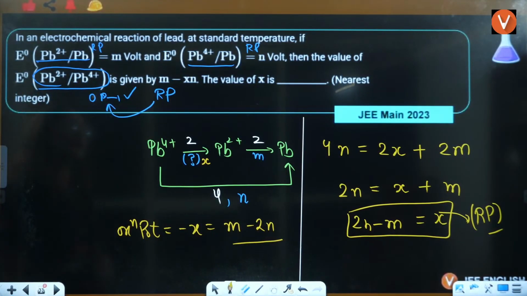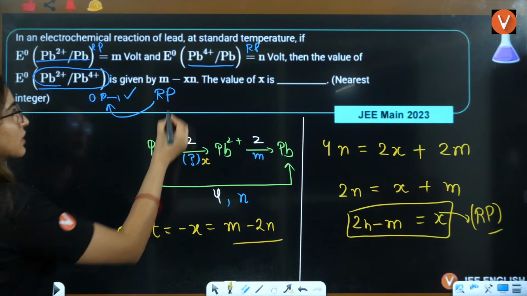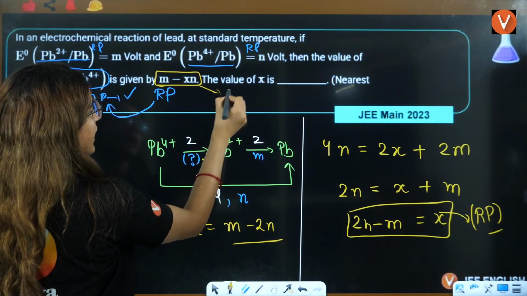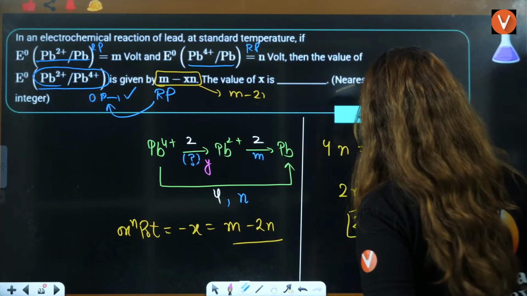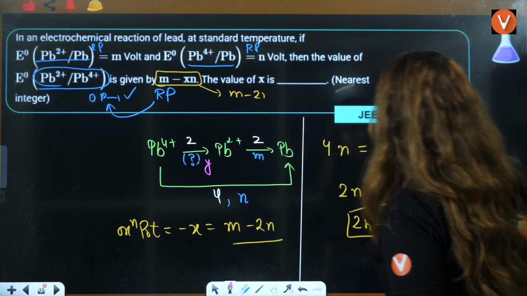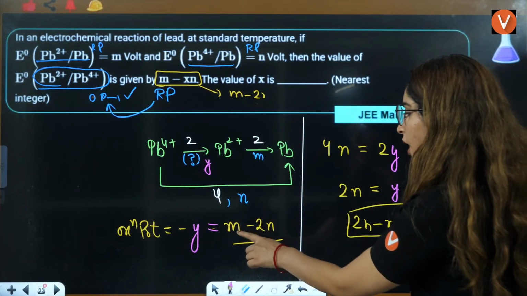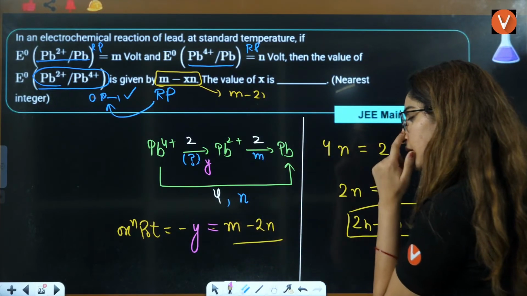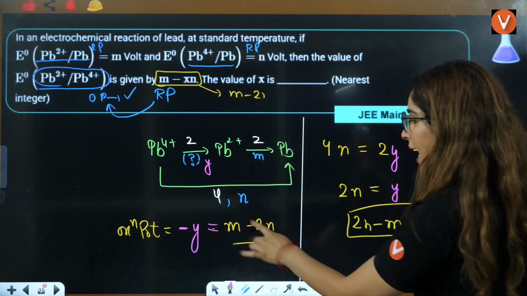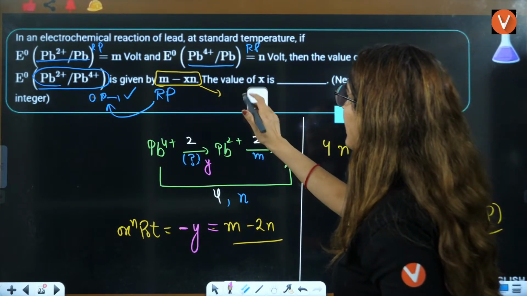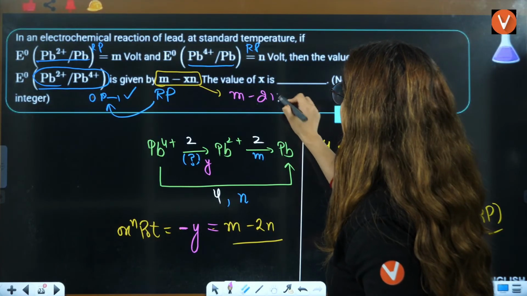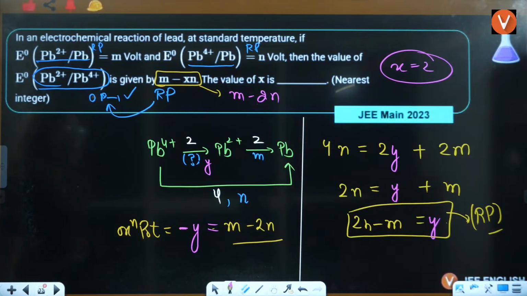So answer is going to be M minus 2N. If you compare it with this thing, you'll say, ma'am, X is this, ma'am, X is that. So Y is coming out to be minus of X, that is coming out to be M minus 2N. When you compare it with M minus 2N, then comparing it, this is the 2023 question.